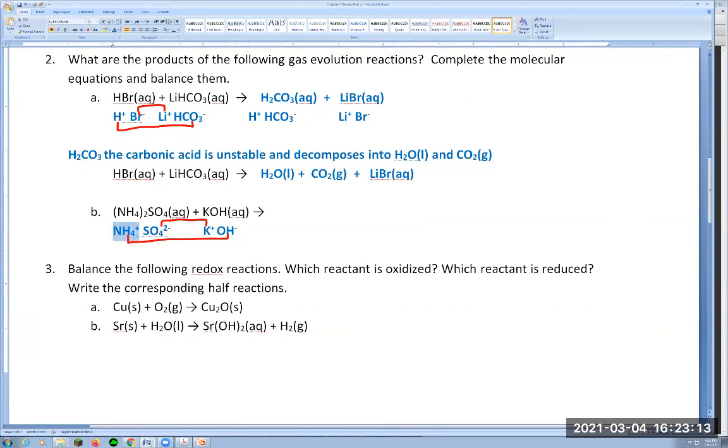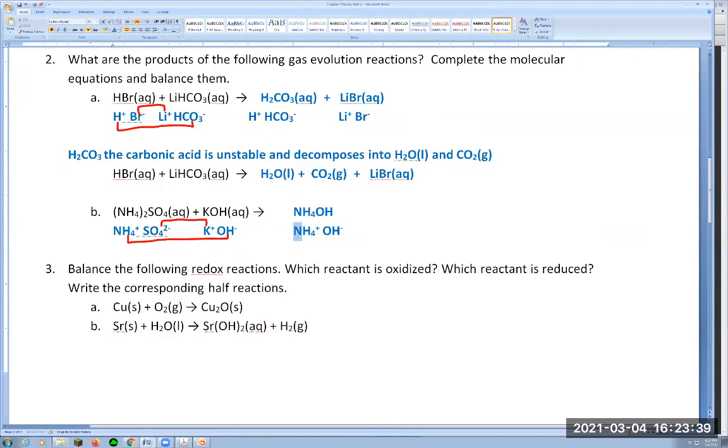So ammonium with OH minus, the hydroxide. And you can see here one positive charge, one negative charge. So this is going to be a neutral formula when you have one of each ion. So you can just remove the charges and write them next to each other.